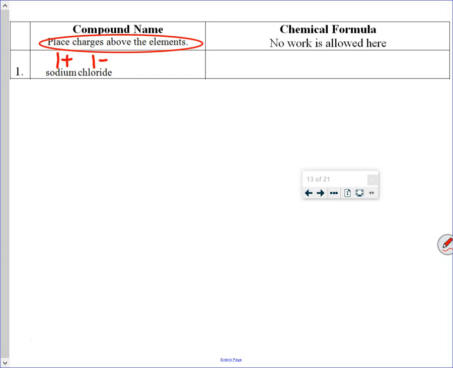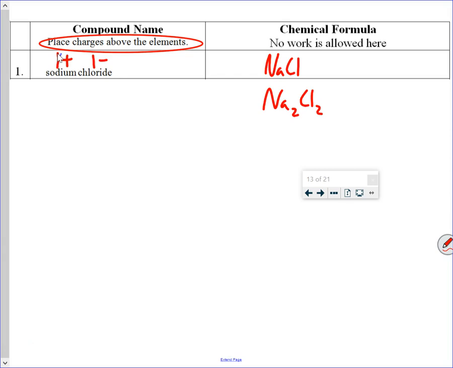So if I write my formula out here, I'll just get NaCl, one of each. Now, if you think about this for a second, if you consider that molecule, you'll maybe say to yourself, well, that kind of seems right as well.